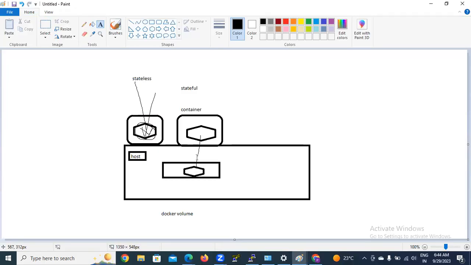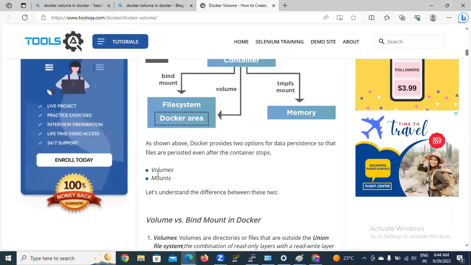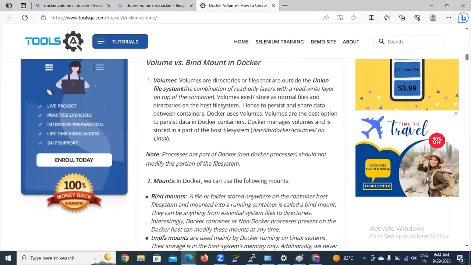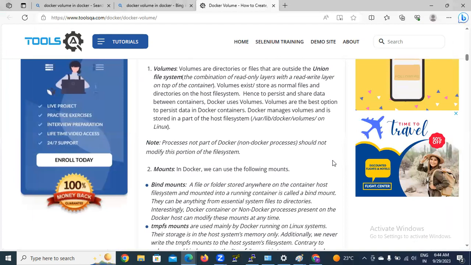It should be stored in the volume, and we have two options for it: one is the volume and one is the mount. Two options are there, and we need to understand the differences first, then we will go for the practical.